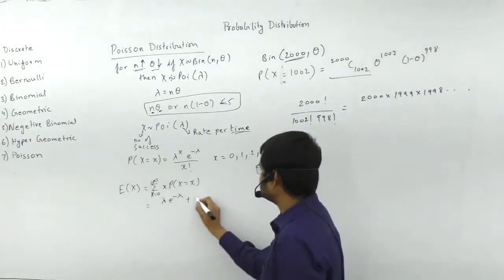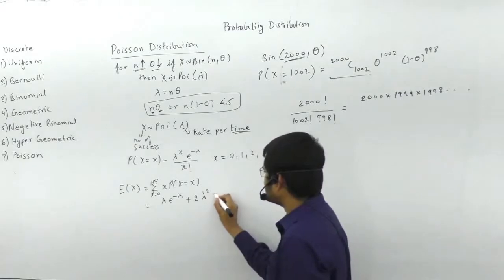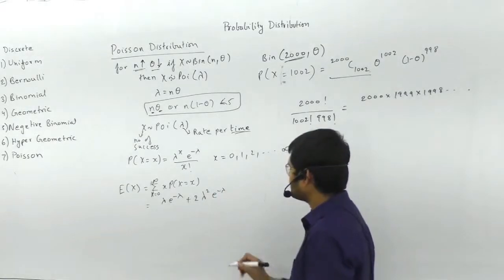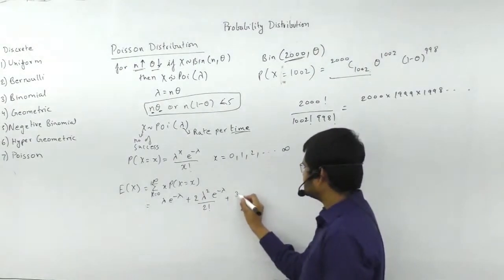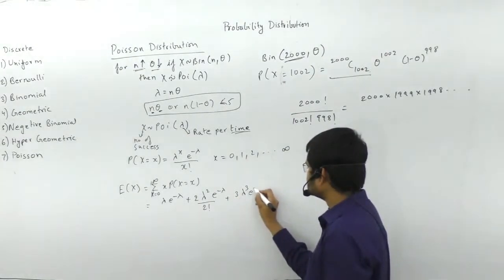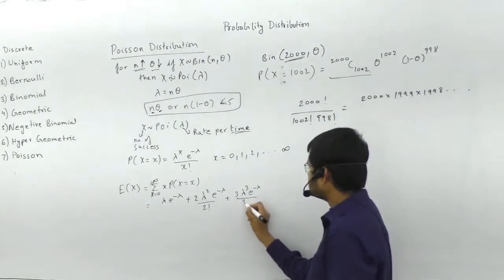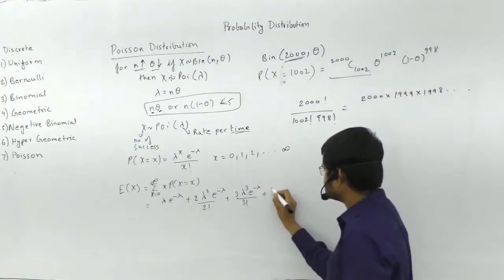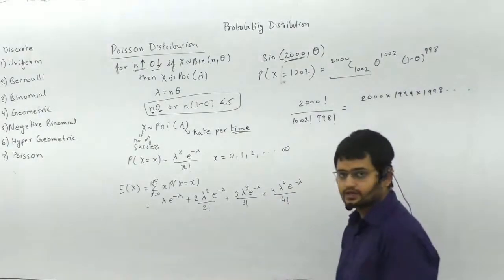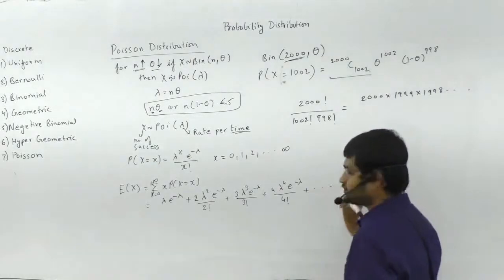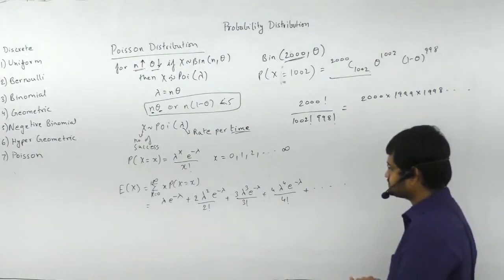Then plus, for 2 we have 2 lambda square e raised to minus lambda upon 2 factorial, plus 3 lambda cube e raised to minus lambda upon 3 factorial, plus 4 lambda raised to 4 e raised to minus lambda upon 4 factorial, and so on. This will go on forever.